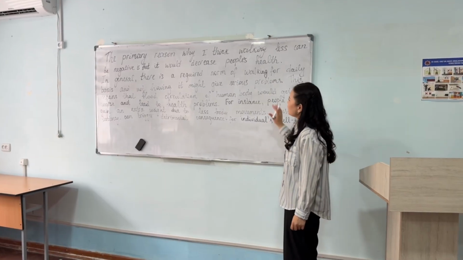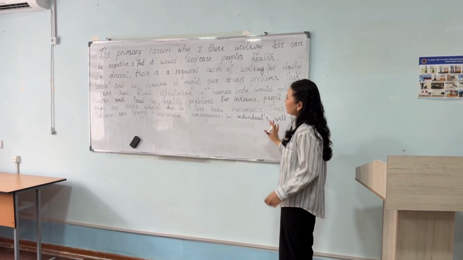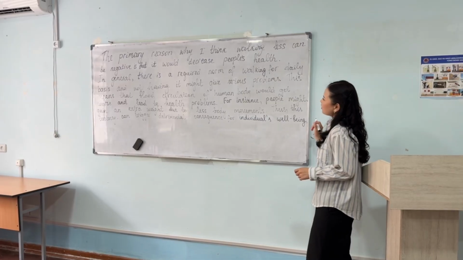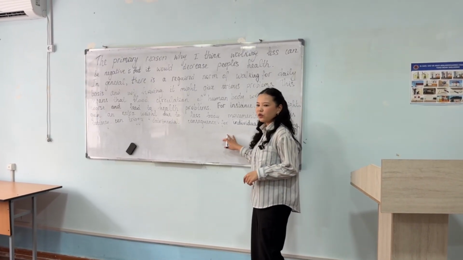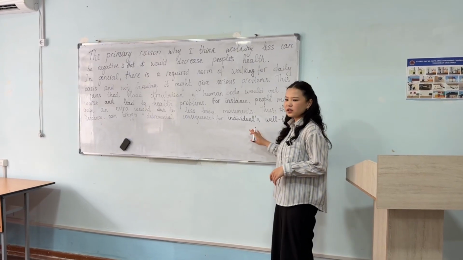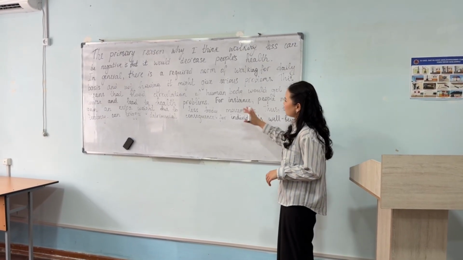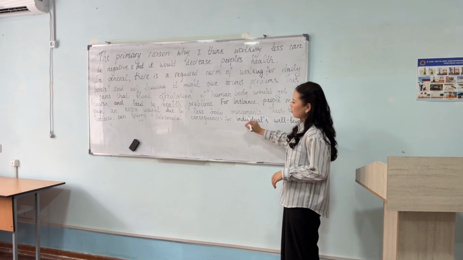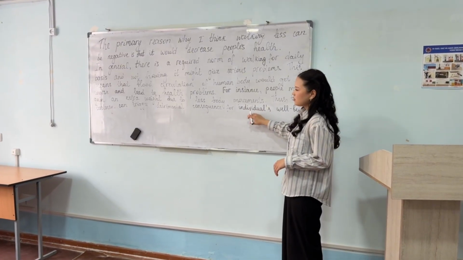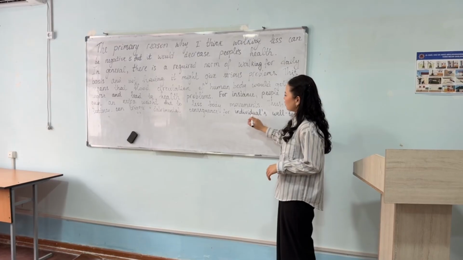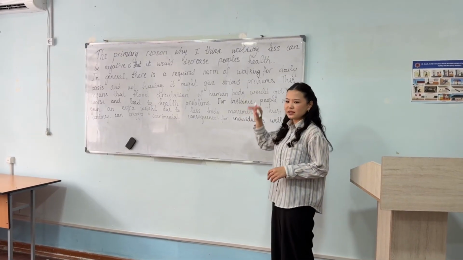So here we have body paragraph 1, and here we are emphasizing why walking less can be harmful to human health. Okay? You can see one full body paragraph, and here we explain the negative sides of walking less.